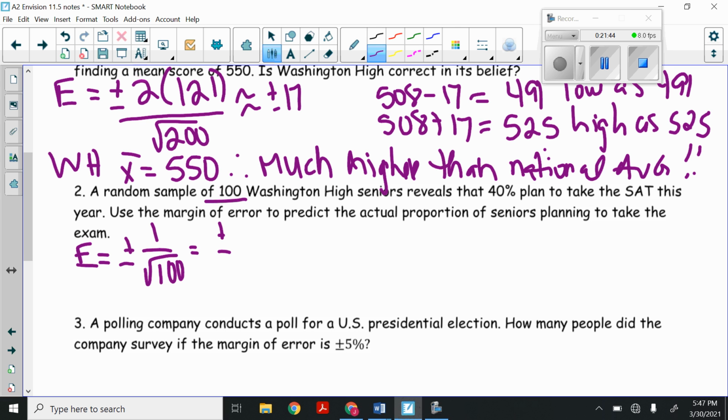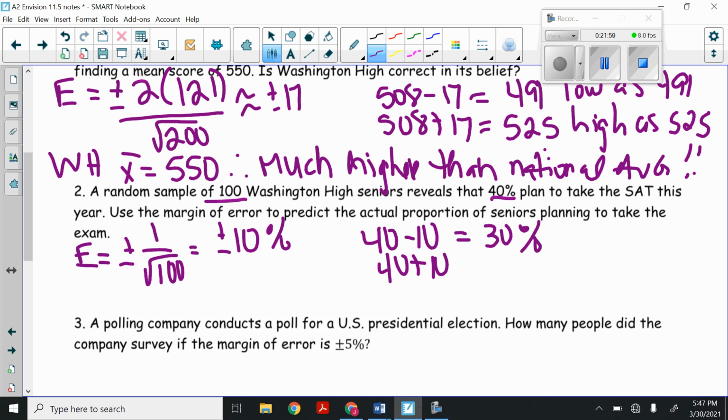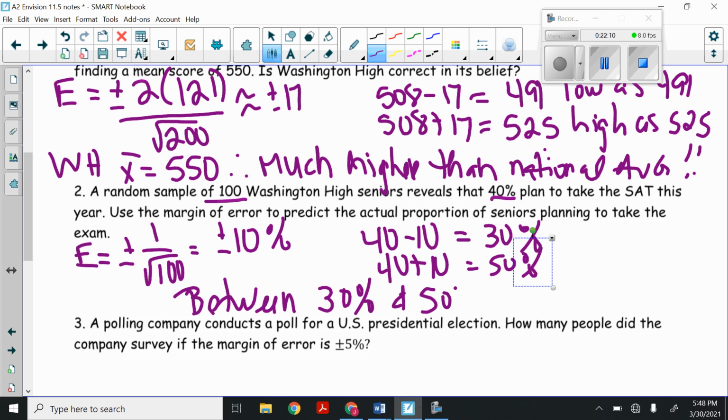So that's going to be plus or minus 10, so plus or minus 10%. They said 40% plan to take it. So 40 minus 10 and 40 plus 10, so 30% and 50%. So they should expect somewhere between 30% and 50% of their seniors to take the SAT.